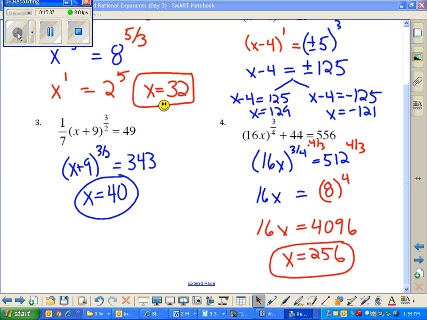Okay, one more thing. Let's take that a little bit of a step further. Is there a quick way you can look at the original rational exponent and determine right away if there's going to be a plus or minus in your work? I'm going to ask the question one more time because it's the big question for today.